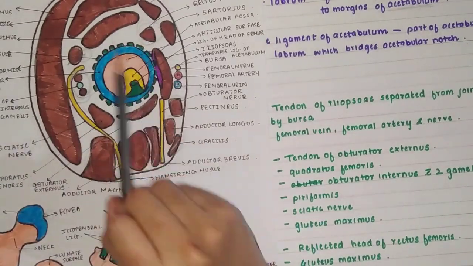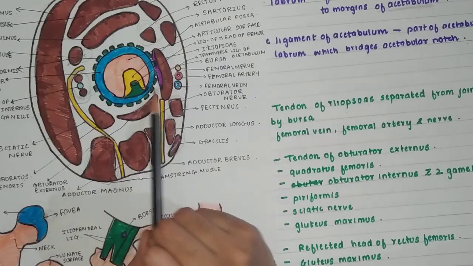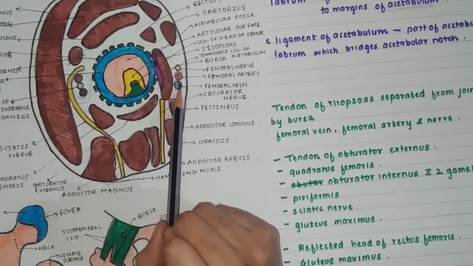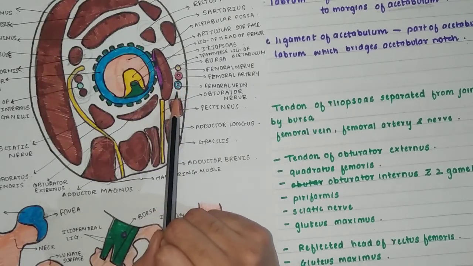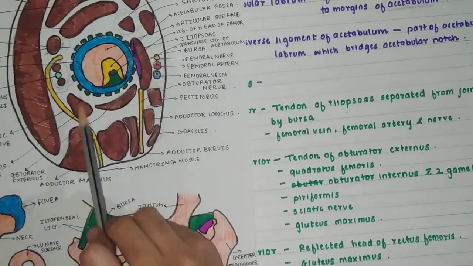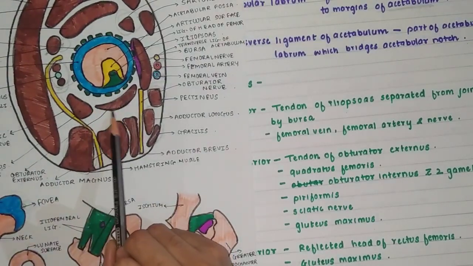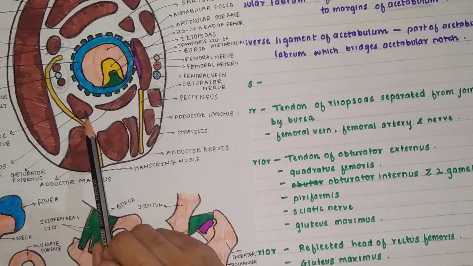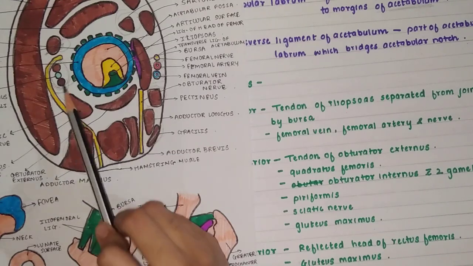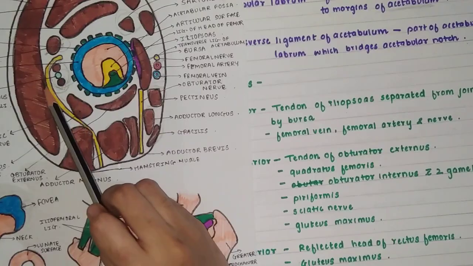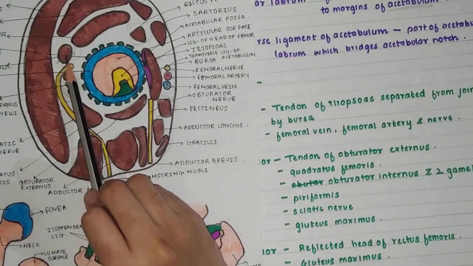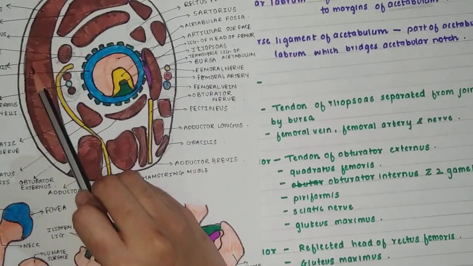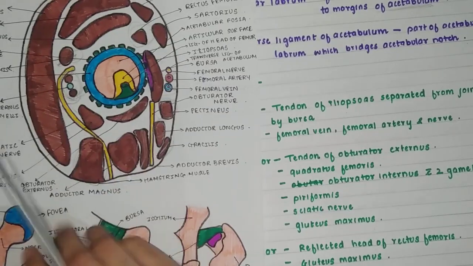Anteriorly there is tendon of iliopsoas which is separated by a bursa from femoral vein, femoral artery and femoral nerve. Posteriorly there is tendon of obturator externus, quadratus femoris, obturator internus with two gemelli, sciatic nerve and piriformis as well as gluteus maximus muscle.